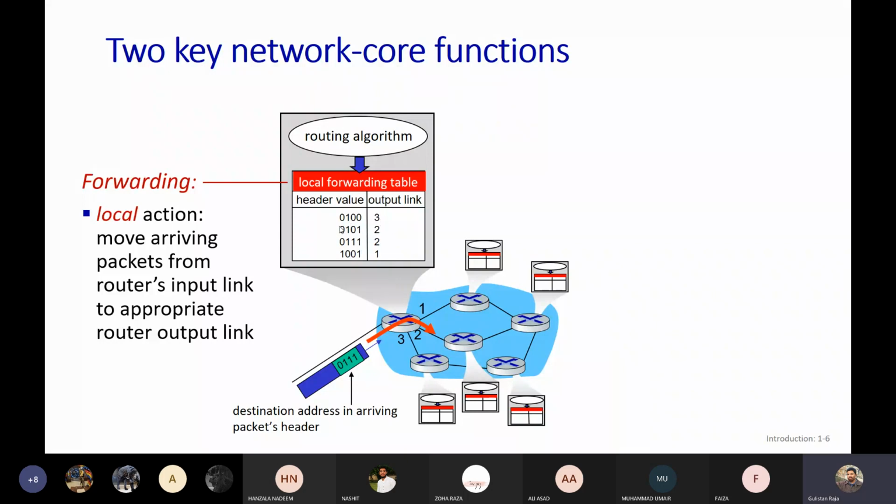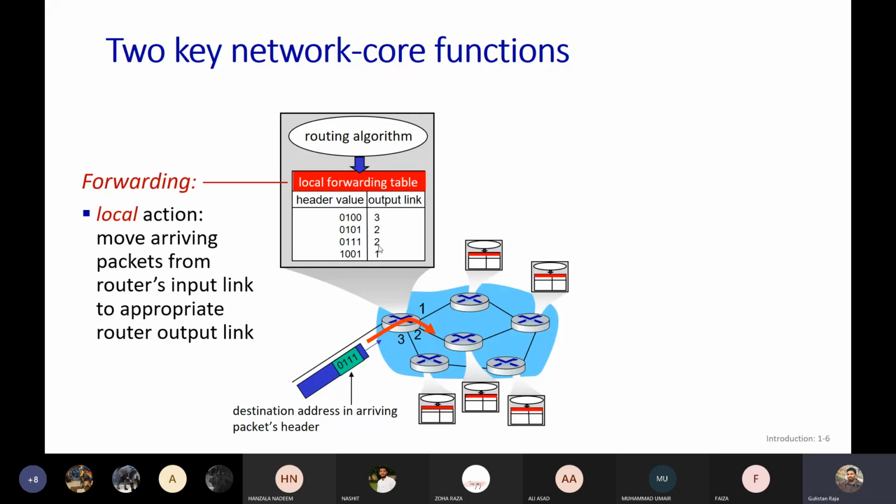Look at this table. If the destination is 0110100, the output link to be used is 3. These are output links 1, 2, 3. If the destination address is 0101, the output link should be 2. If the destination is 0111, the output link should also be 2. And if the destination is 1001, the output link should be 1.